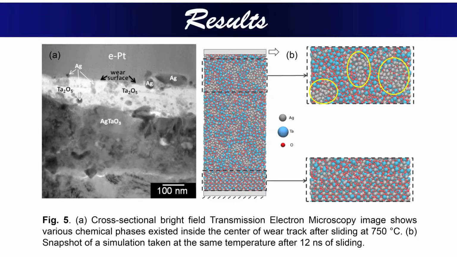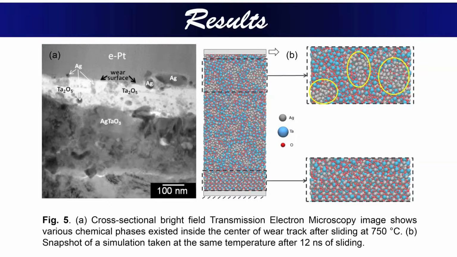Figure 5a shows a TEM image from experiment of the cross-section view of a sample during the wear test. We can see there are several silver clusters represented by the little dark region in the interfacial region. This phenomenon is also captured in our MD simulation.